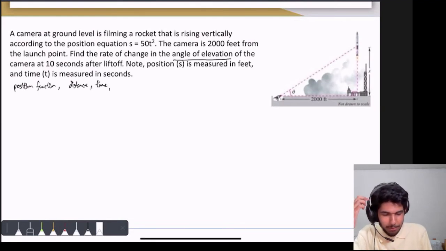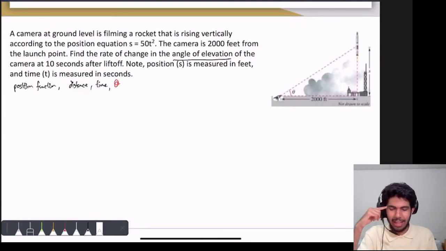If we use this picture given to us, that angle is theta, right? So I'll use red for this. Theta is what's really important here. So now we have to think, okay, how can we combine what we're given into one equation?